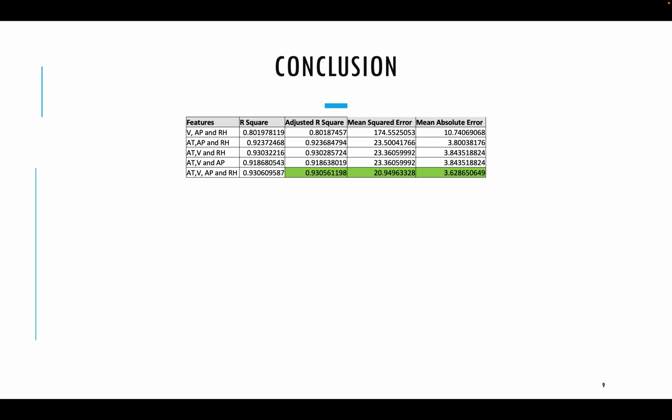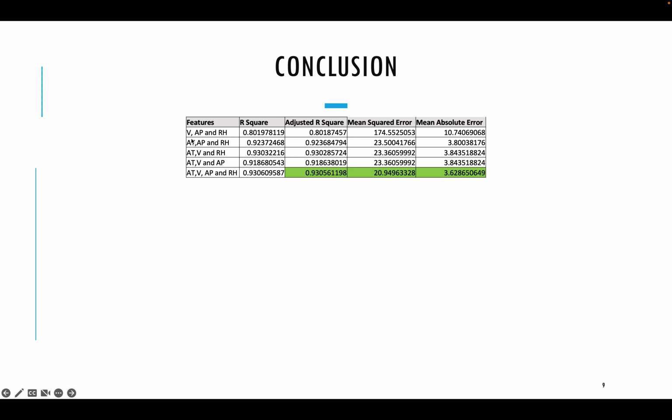Now if you focus on the other combinations where I had reduced one of the features, whenever I'm using atmospheric temperature, I am still getting a good adjusted R square value, mean squared error, and mean absolute error values.